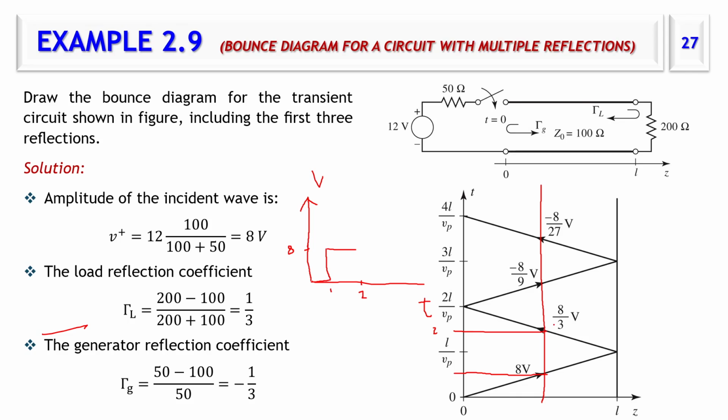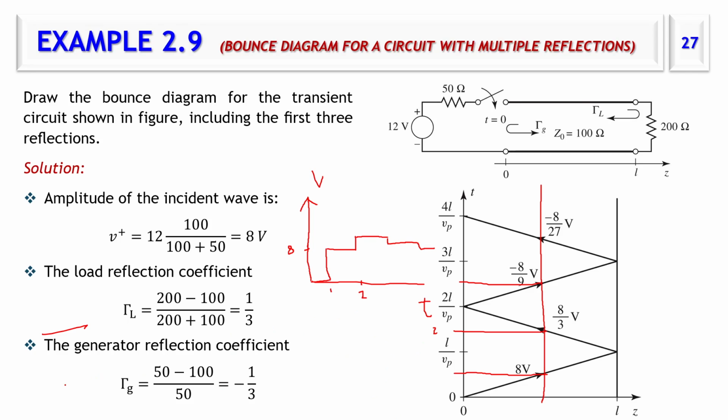At this point it will start to be 8 plus 8 over 3 till it reaches here. Then after a while it will go a little bit down, then again a little bit down, and so on and so forth.